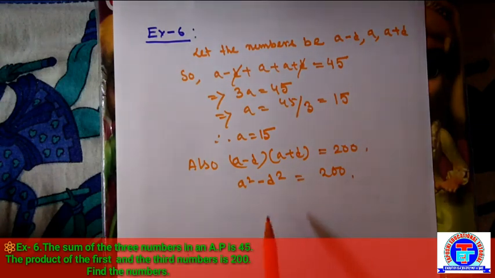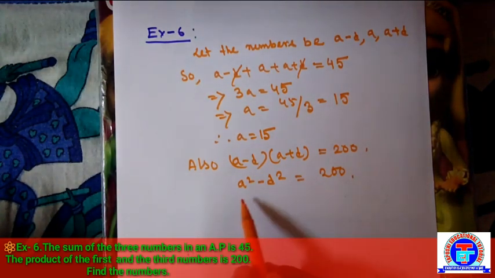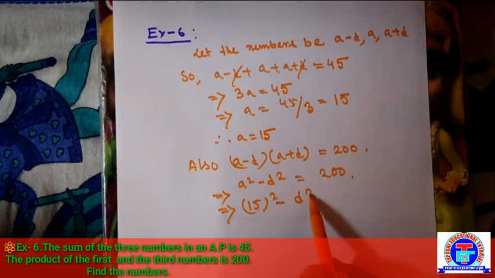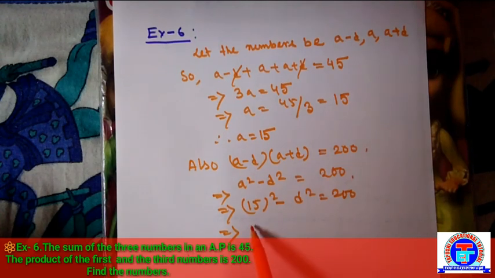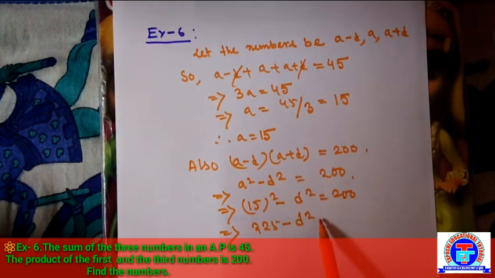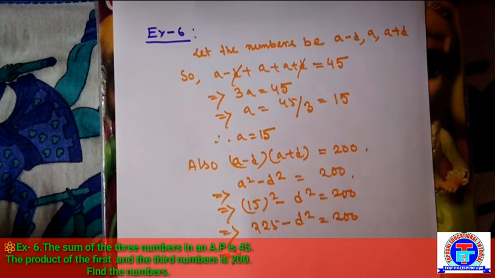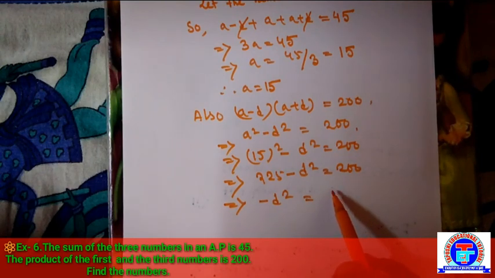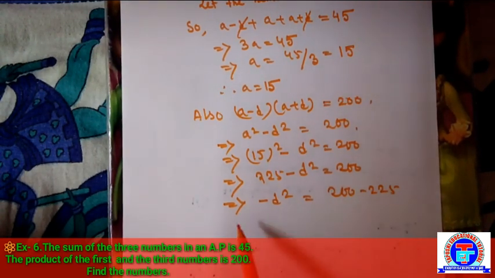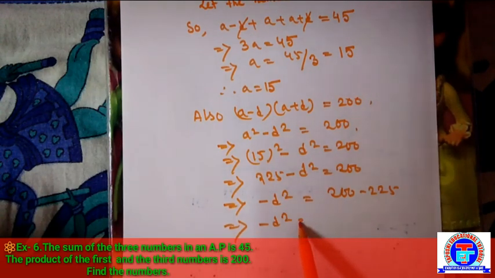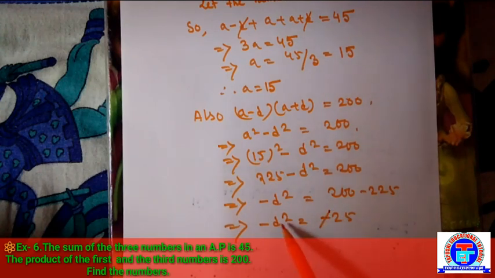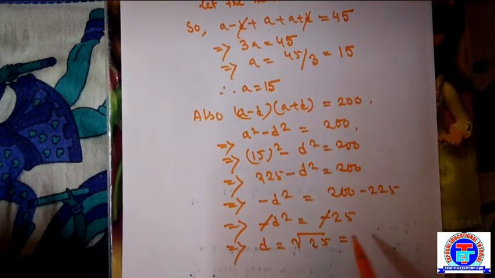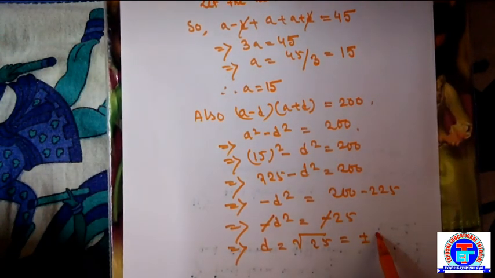So here A is equal to 15, implies 15 square minus D square is equal to 200, implies 225 minus D square is equal to 200, implies minus D square is equal to 200 minus 225, implies minus D square is equal to minus 25, minus cancels out, so therefore D is equal to root over 25, that means plus minus 5, right?